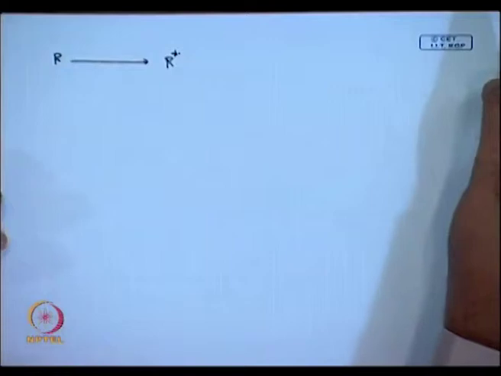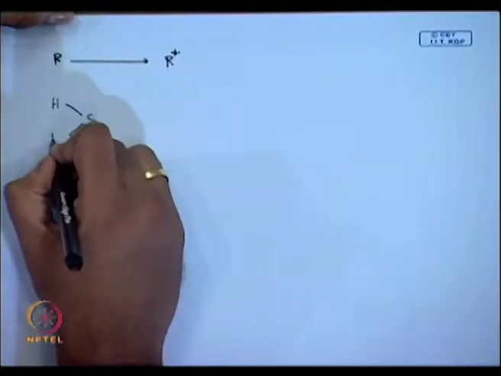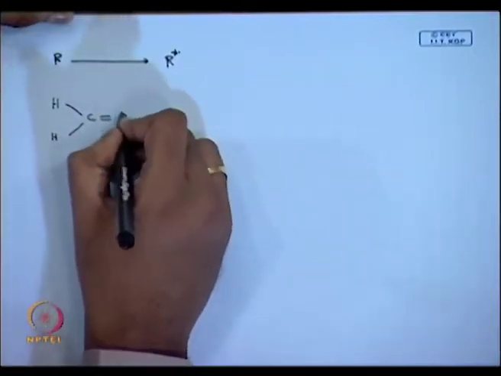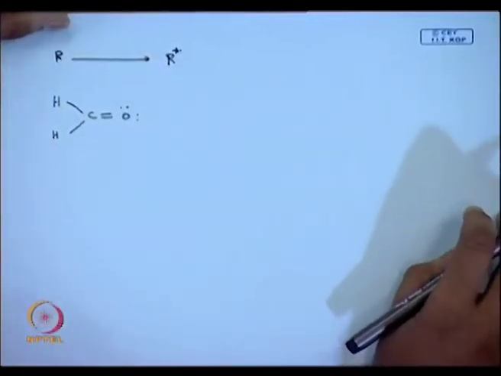To understand this part, that is R to R star, we will take the simplest molecule in the ground state, a well characterized and simplest molecule, for example formaldehyde. So, now we have a formaldehyde molecule.